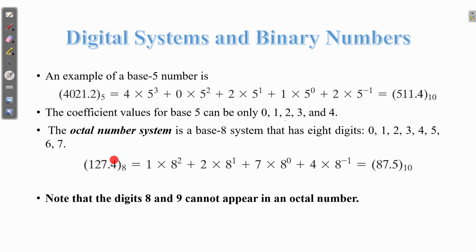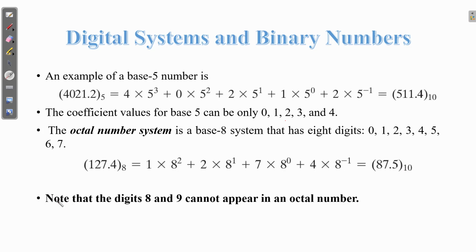And the fraction part is written by the powers of 8 with -1, -2, -3. If you calculate this value, you can find the corresponding number in the decimal system. It means that 127.4 in base 8, or in the octal system, is equal to 87.5 in the decimal system.